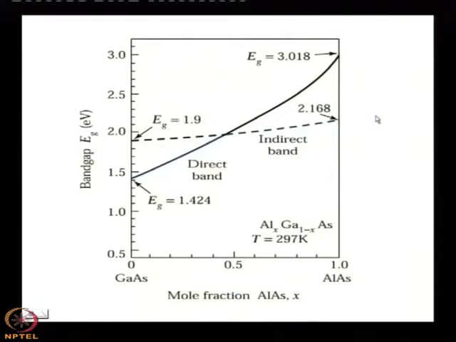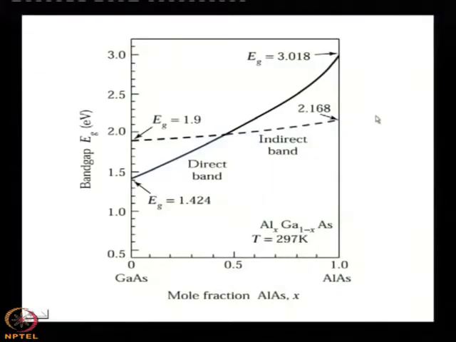So, what is the problem? The problem is that if you grow above 0.45, then it will not serve your purpose for light emitting diode or LED or laser, because it becomes indirect band gap semiconductor, and you need the conservation of momentum. That means some defect levels or trapping levels must be introduced.